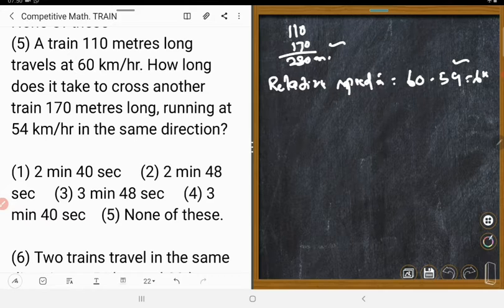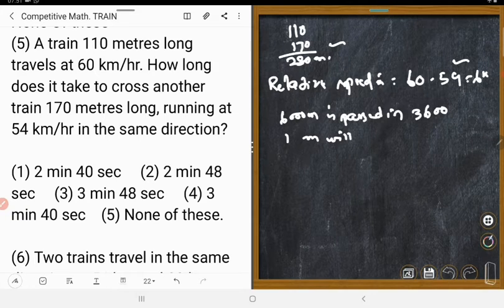So 6 kilometers means 6,000 meters is passed in how many seconds? 3,600 seconds. 1 meter will be passed in 3,600 upon 6,000, right?